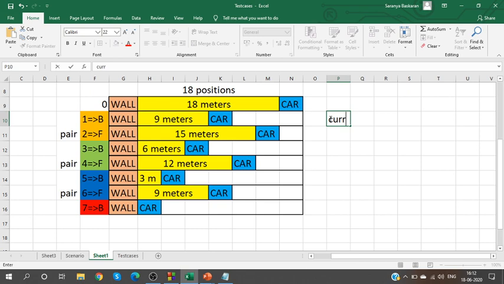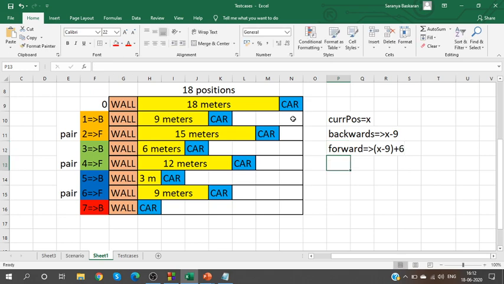Let me consider the current position is X. From this position, first I'll move backward by 9 steps. Then from the backward position, I'll move forward by 6 steps. So overall, I'm moving only 3 steps backward. Can you understand this?